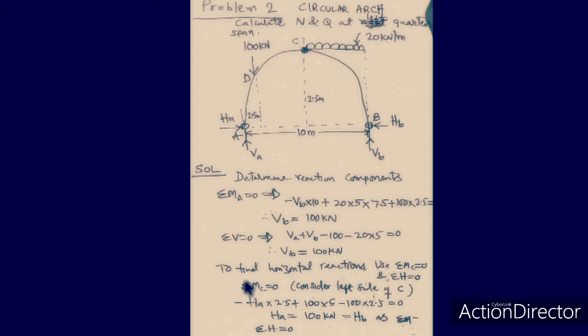In order to find the horizontal reactions at A and B, we have to use again two equations. One is sigma MC equal to 0, and one more is sigma H equal to 0. Sigma MC equal to 0 means the algebraic sum of moments either on the right or left side of the hinge at C is equal to 0.